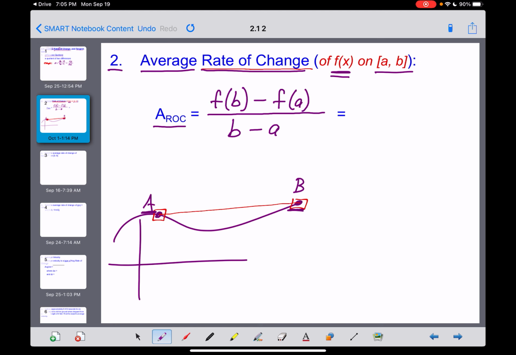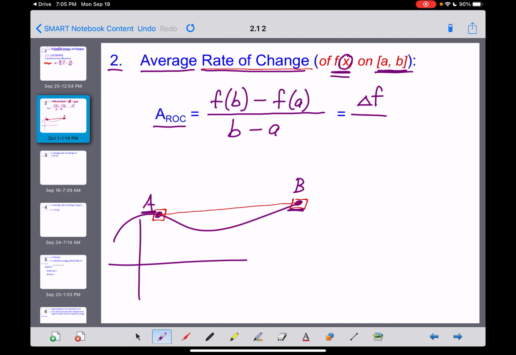Another way you could write that, if you were so inclined, is to put not a delta y, but a delta f up on the top of that function. And then down on the bottom, let's take a look. The way that I've written this function, that right there is important. That x tells you that these are x values. So technically that probably should be delta x down there on the bottom as well.